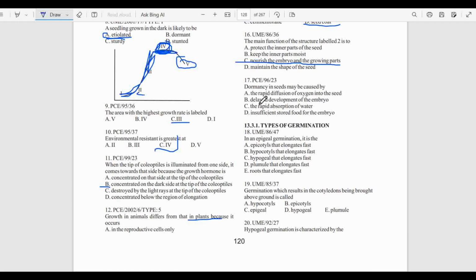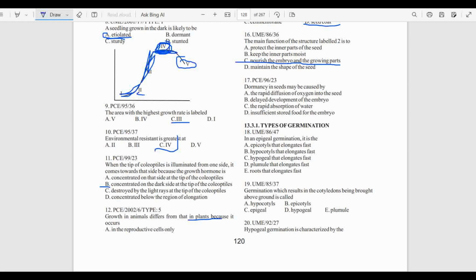The rapid diffusion of oxygen into the seed, delayed development of the embryo, the rapid absorption of water, and the insufficient stored food for the embryo. Of course, a dormant seed is a viable but dry seed that can remain for a long period without germinating.